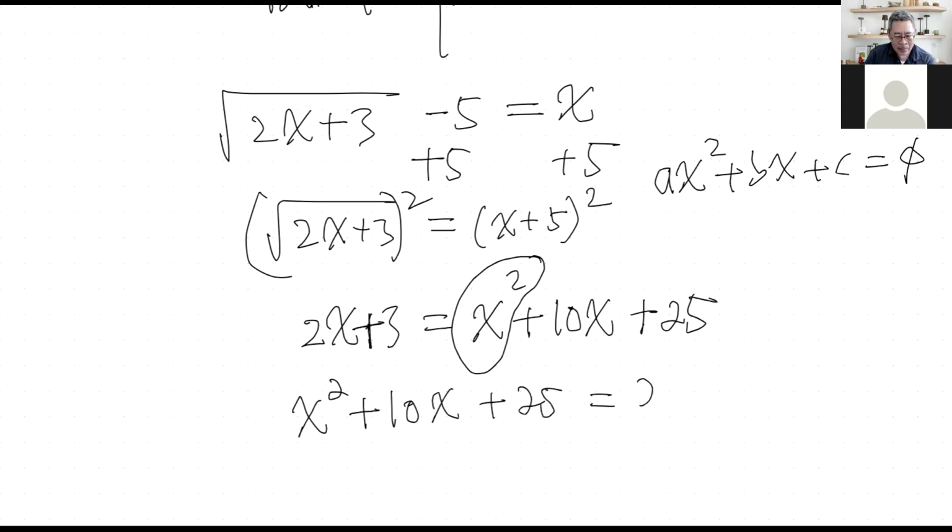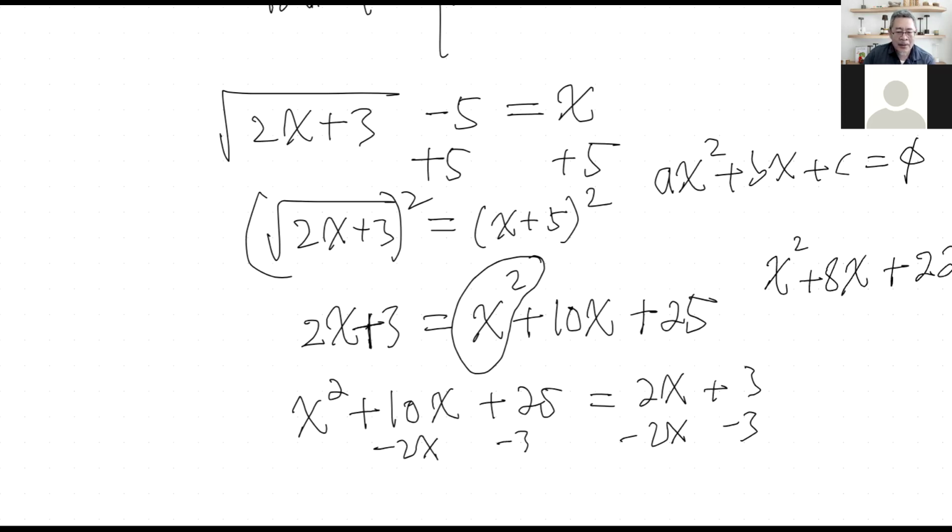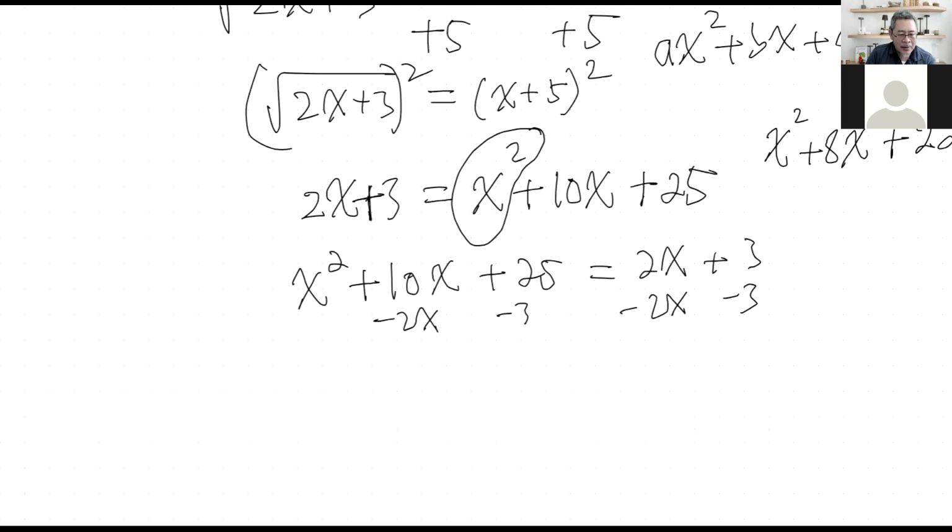So we have minus 2x minus 3. Then we got x squared plus 8x plus 22 equal to 0. Good.